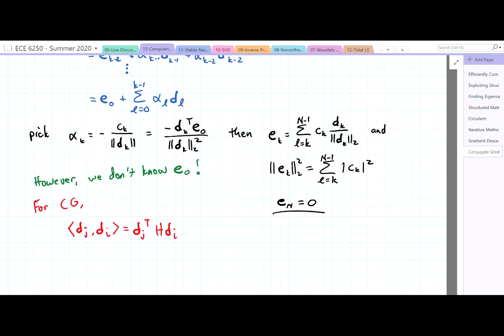Since H is symmetric and positive definite, this is a valid norm, or a valid inner product.